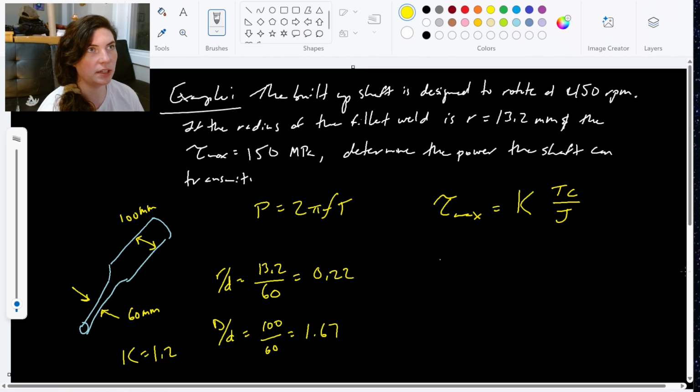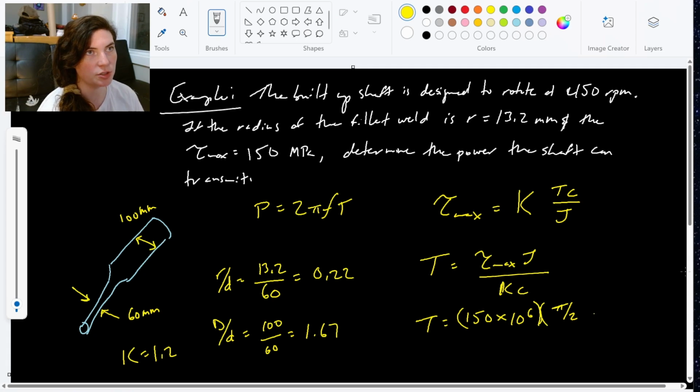Now let's see, what else do I need to plug in here in order to find my torque? I'm going to go ahead and rearrange this equation. T equals tau max times J over K times c. My max shear stress was given as 150 megapascals. Mega is 10 to the 6th. Times my J. My J value is going to come from the smaller shaft here.